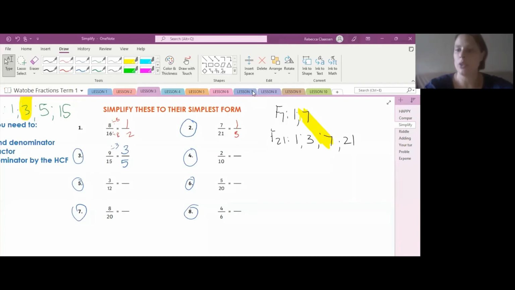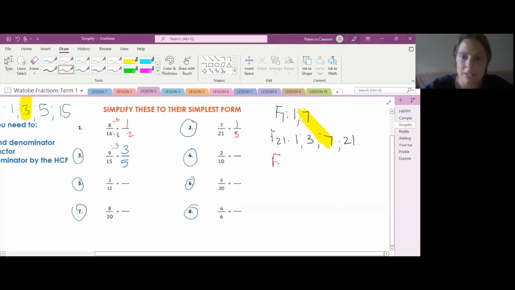Number 4. Who was doing 4 for me? I think Claudia was it. Ma'am, it was me. Okay, go for it. Ma'am, what I've done, I found the factors of 2. The factors of 2 are 1 and 2.